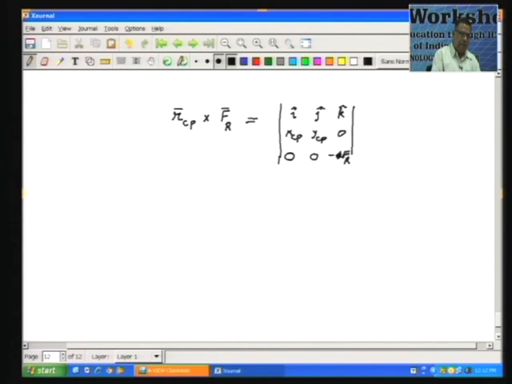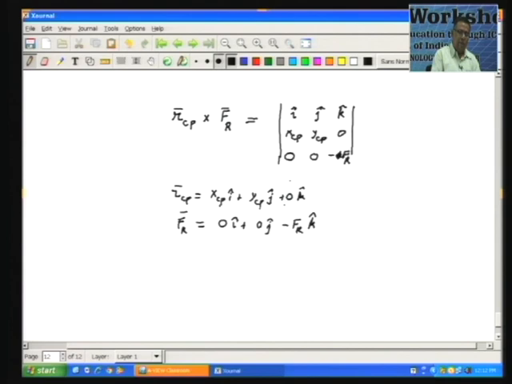The reason being RCP is XCP i plus YCP j plus 0 k. So, this XCP, YCP and 0 we are writing in the second row, and the FR is 0 i plus 0 j minus FR into k. This FR is the scalar which is the magnitude. So, we have minus FR.